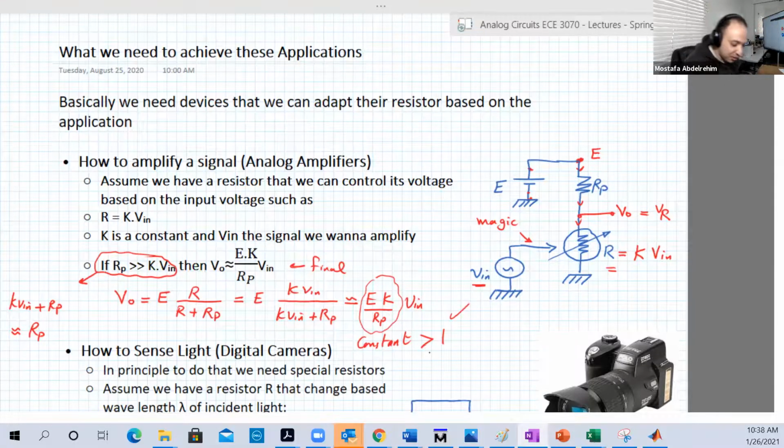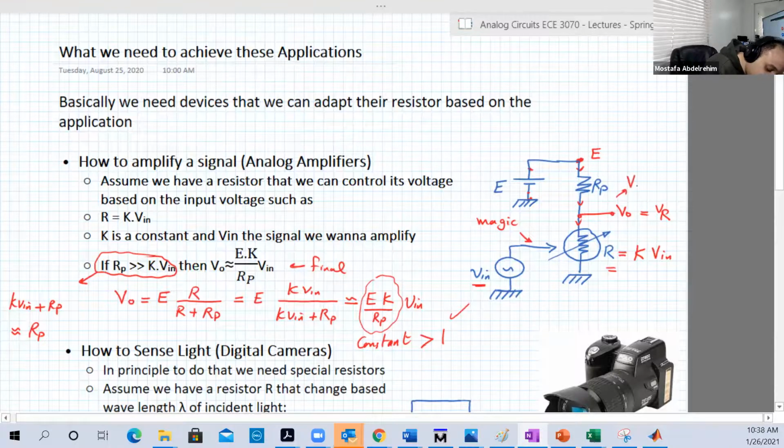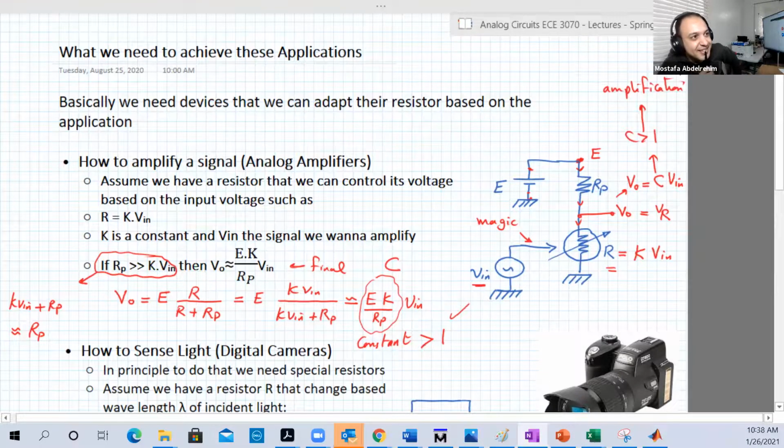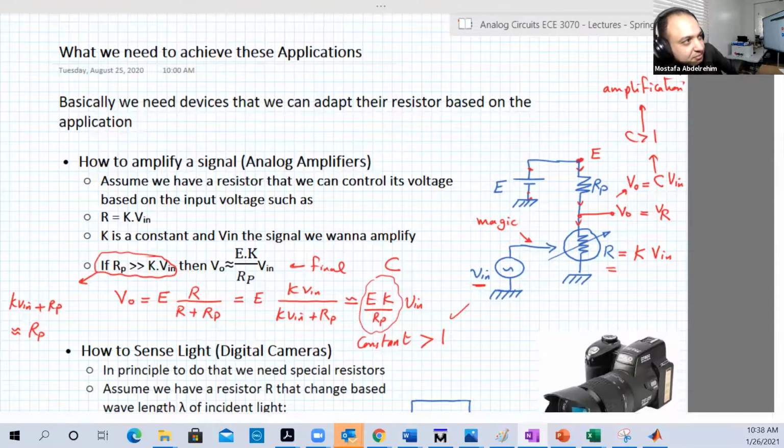So we discovered that VO is equal to some constant, let's call it C, multiplied by the input. If C is larger than 1, this is amplification. One of the transistors that we're going to study has a very similar concept to this. This is just an ideal picture, of course. It's called the JFET.